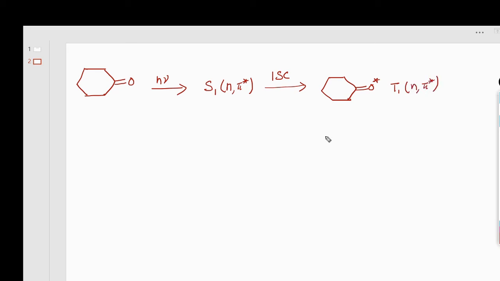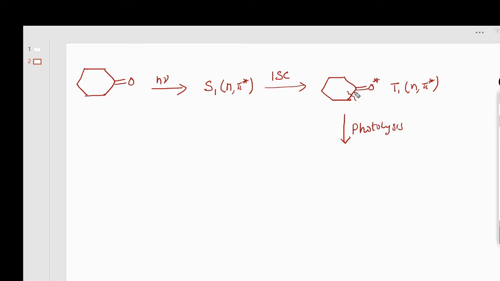All right. Now in the triplet state, the photolysis takes place. In this case also, any one of this bond can break. You can break either this bond or this bond because both are identical.